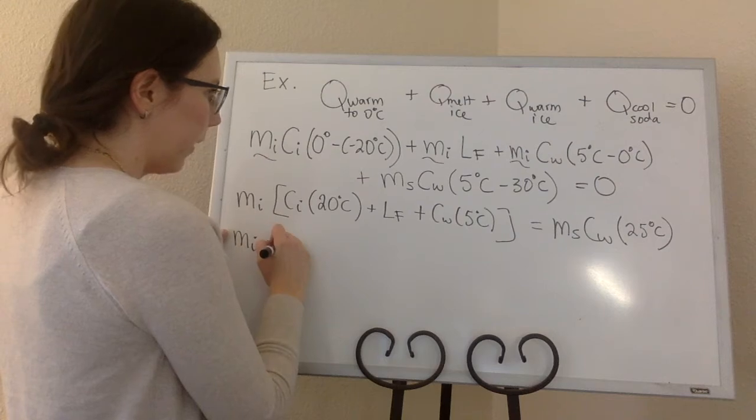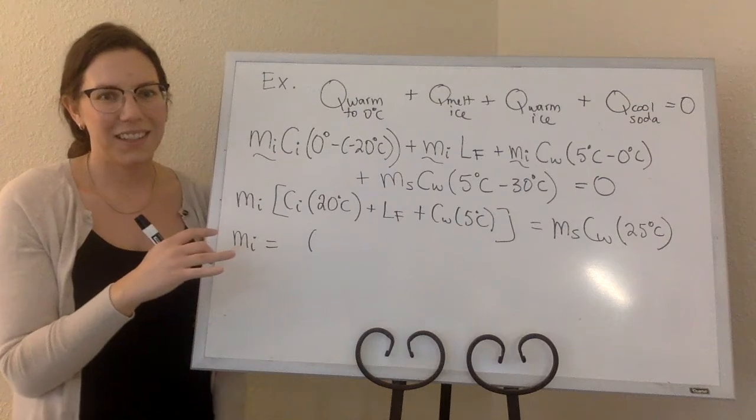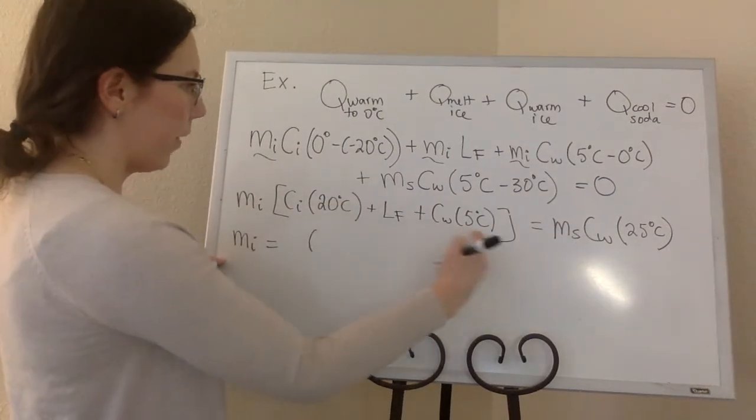I'll plug in the numbers at the same time just because I'm a bit out of space, but again, for more detailed calculations, you can check my notes. So I'm going to take this divided by this whole bracket.